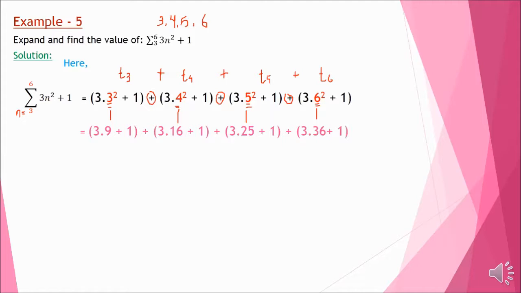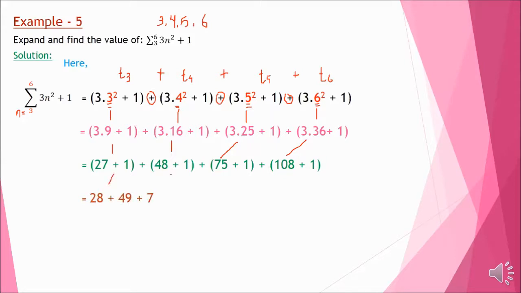We can multiply and add: 27 plus 1, 48 plus 1, 75 plus 1, 108 plus 1. The additions are 28, 49, 76 and 109, and the sum of all terms is 262. Hope you understand. Now let's move to another.